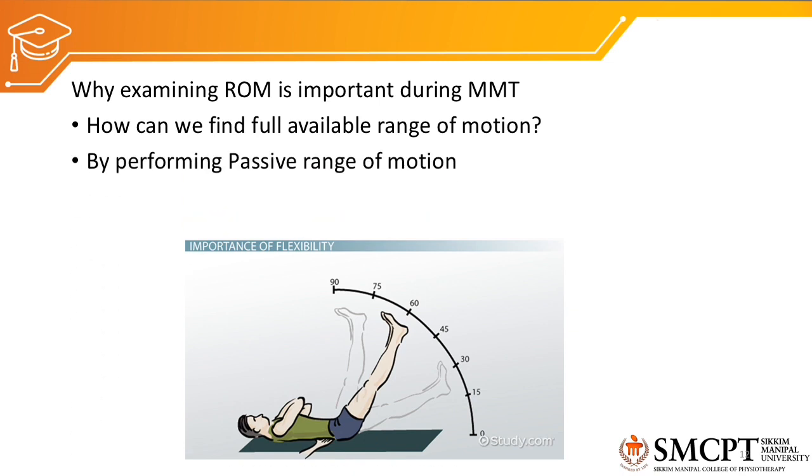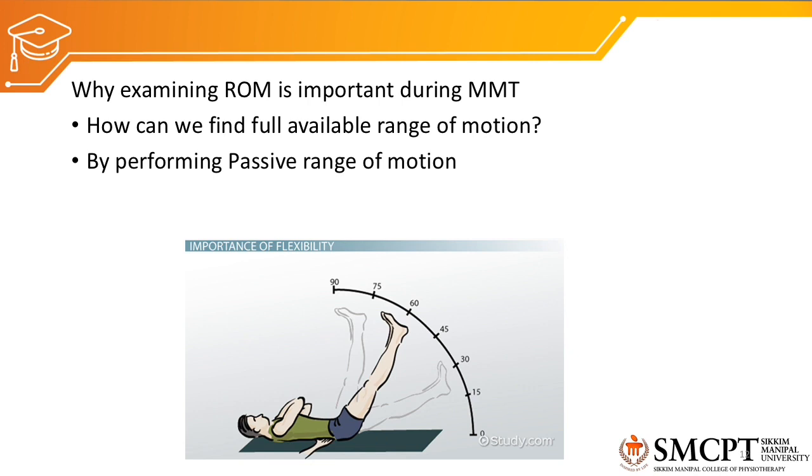Do you know what passive range of motion is? Passive range of motion is effort applied by the therapist, not by the patient. So passively, when we perform the movement of the hip joint, we will normally find 0 to 90 degrees of range, that is the full range of motion, if there is no restriction from muscle tightness or joint stiffness.